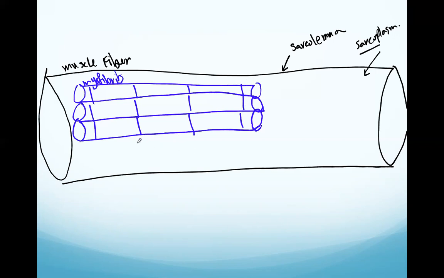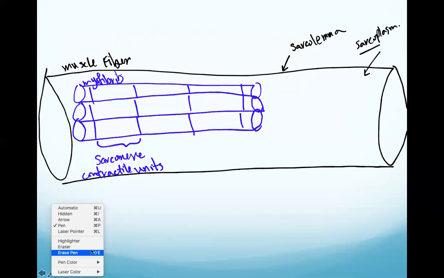So each of these units you see within the myofibrils is called a sarcomere, which is defined as my contractile unit. So your muscle fiber is basically a cell, within that you have myofibrils, and myofibrils are divided into individual structures called sarcomeres, which are your contractile units.